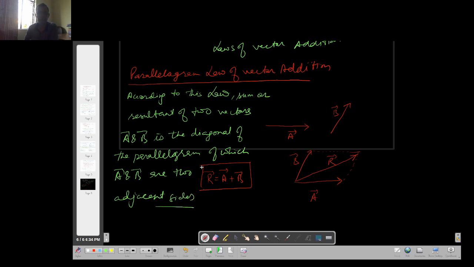Thus, this is the mathematical representation of the parallelogram law of vector addition, where A and B represent the two adjacent sides of a parallelogram, and this is the resultant, right?